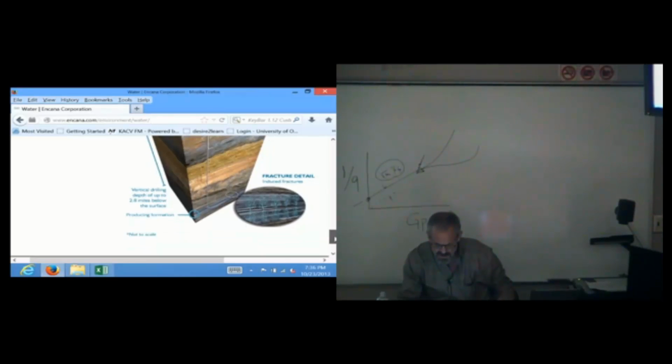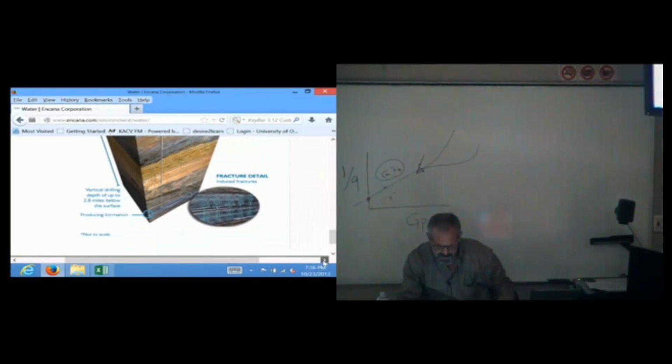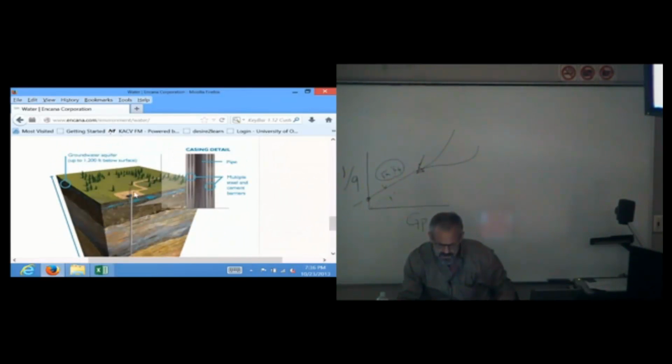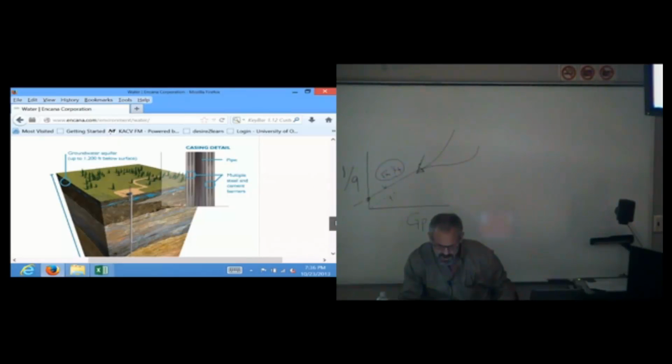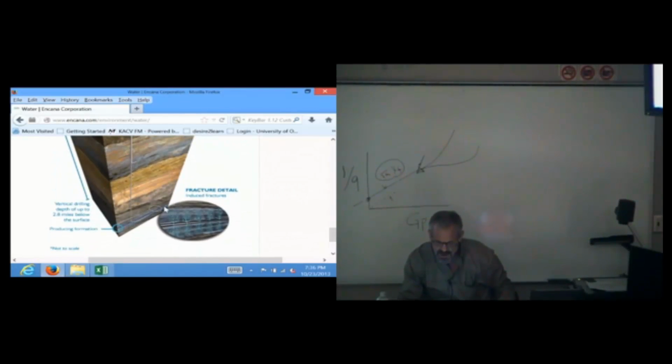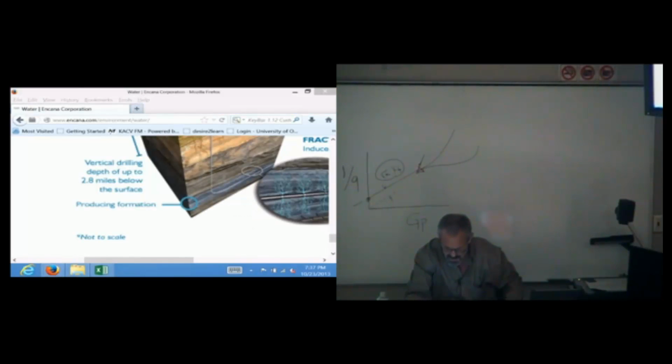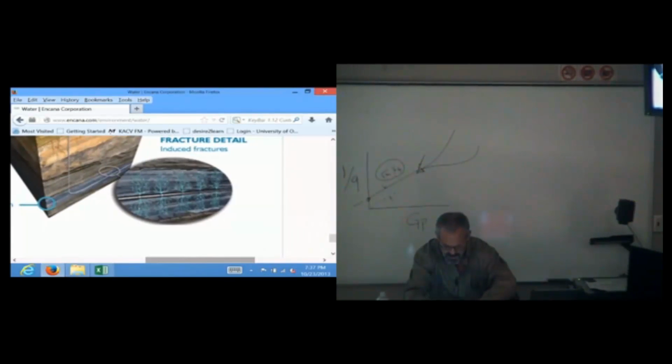Okay, it looks a little bit better in PowerPoint, but here's your drilling rig, here's your surface, here's your wellbore. It goes down and it turns horizontal at the kickoff point, okay? And then if you look at the blow up of the horizontal well in this oval right here, I can't get any. How come I can't? Yeah, there we go.